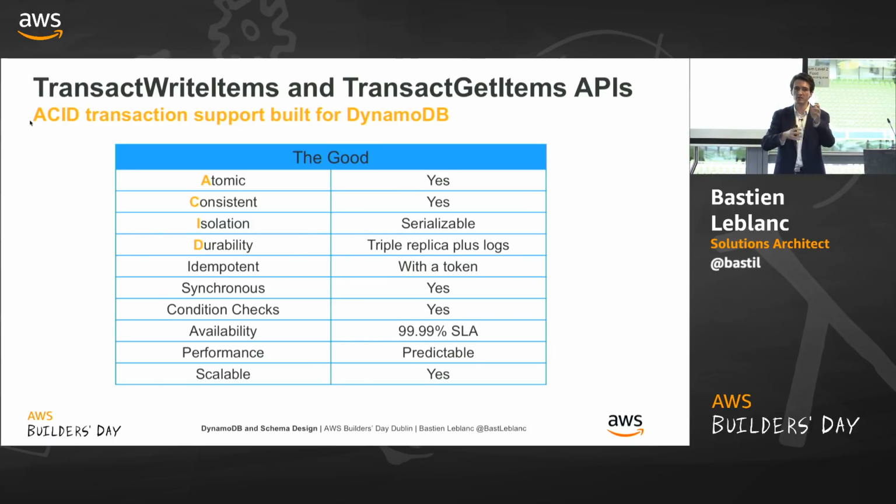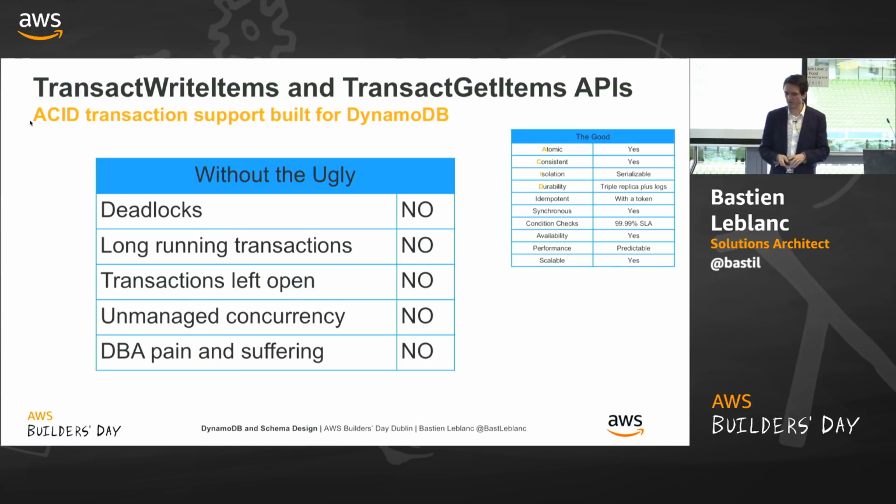You don't get inconsistency if one update fails. And durability, well, DynamoDB is spread across availability zones, and we ensure this durability so that when you have a transaction that is committed, you are sure that the data is in.